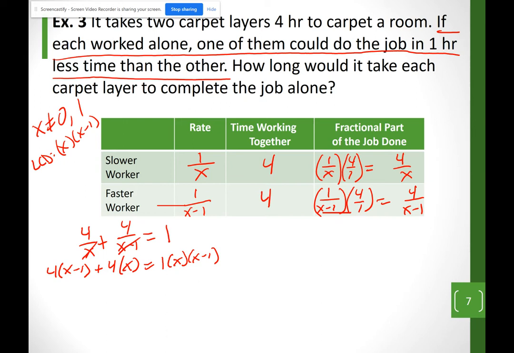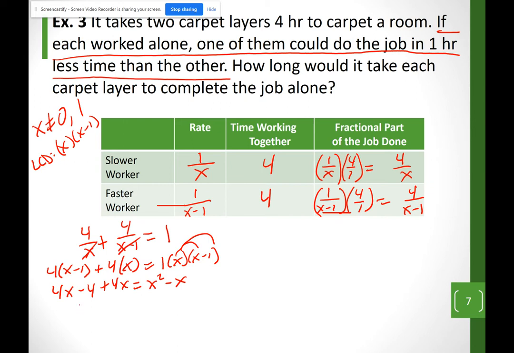All right, so let's see. I have 4X minus 4 plus 4X equals, okay, so 1 times X is just X. I get X squared minus X. So I distribute the X. I ignore the 1 at the very front, because in multiplication the 1 is ignored.